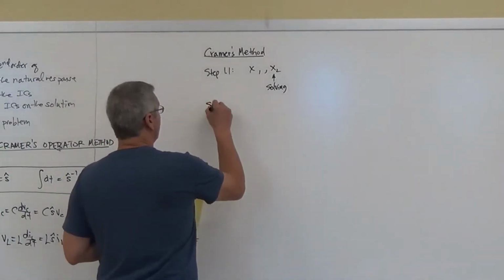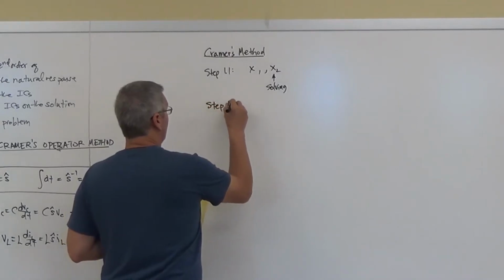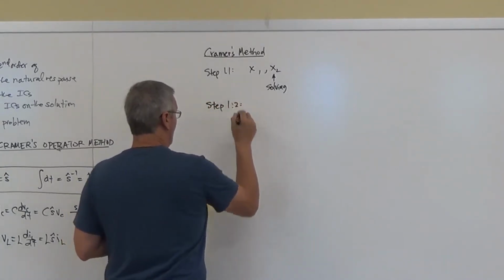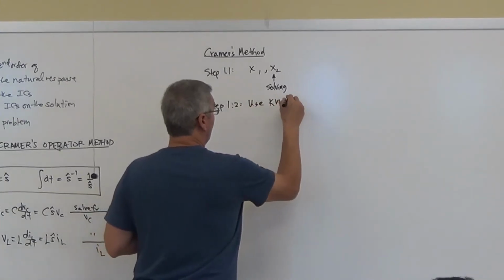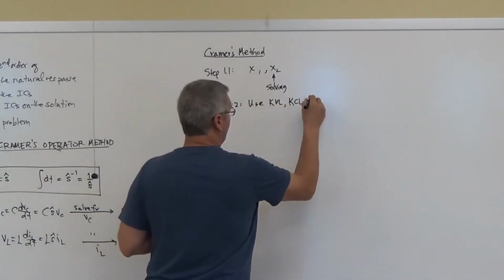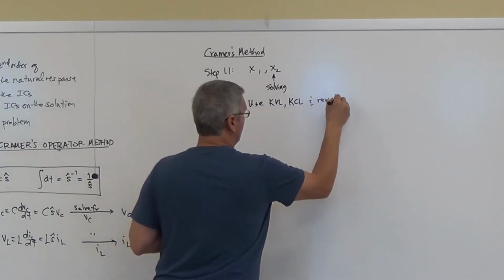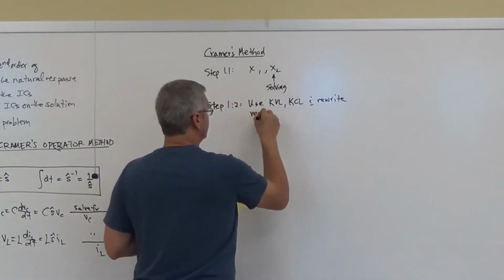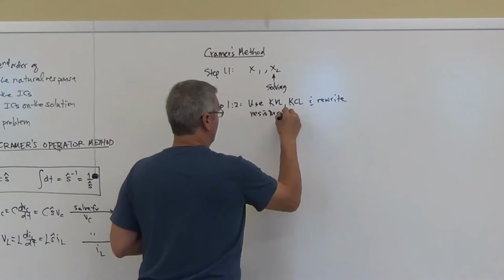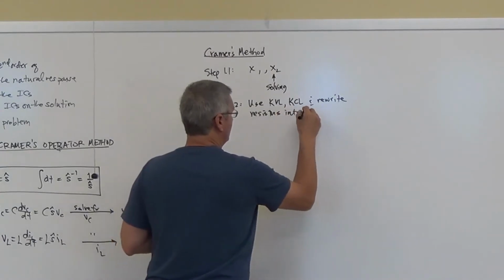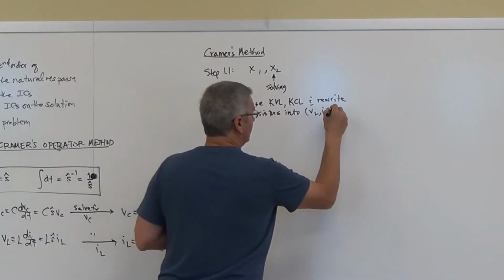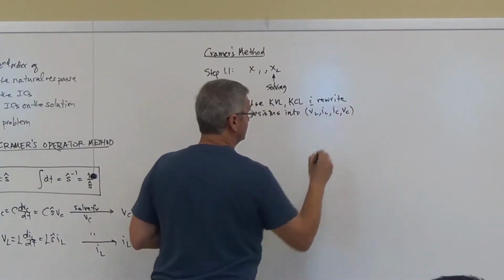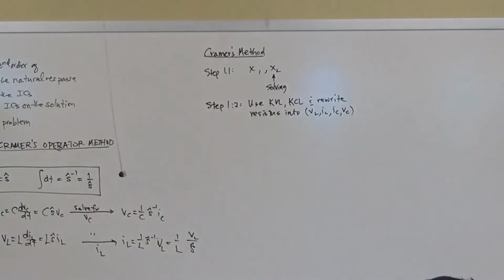We use steps 1 and 2, where we use KVL and KCL and rewrite resistor values into VL, IL, IC, VC. So we have to rewrite those resistor values into that term right there.